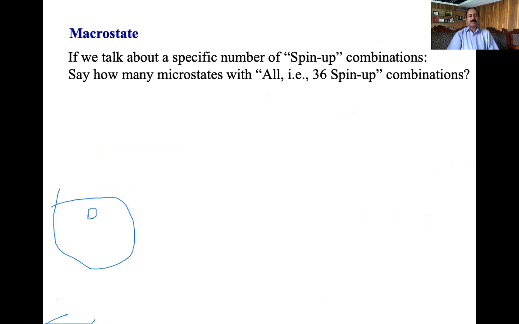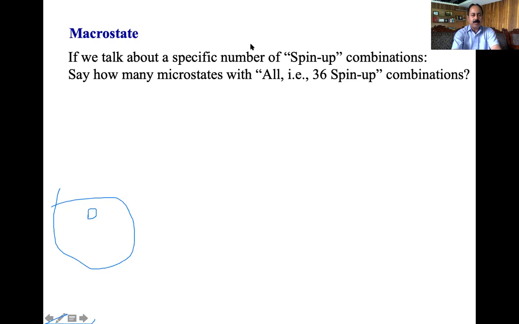Next, for example, now we talk about the specific number of microstates we want to know. Say one query, where all 36 particles are spin up. How many combinations are possible? Let's understand.